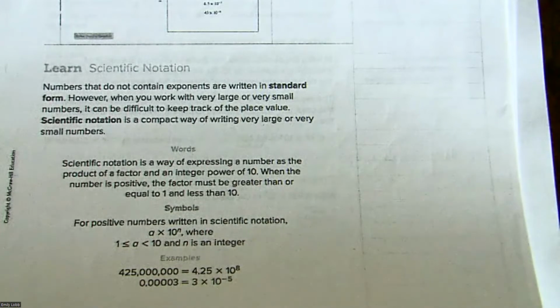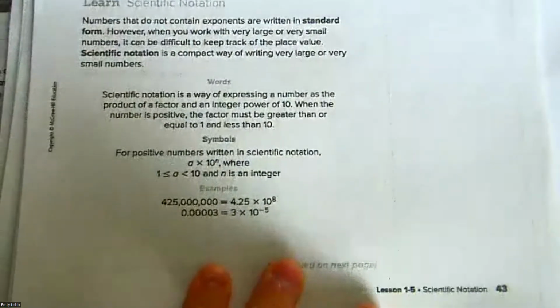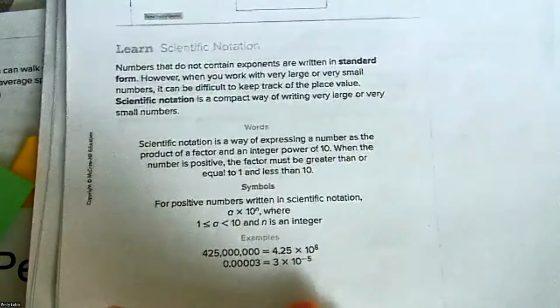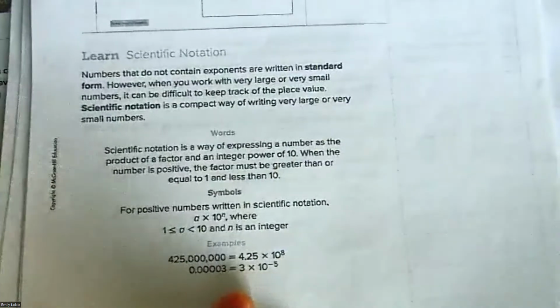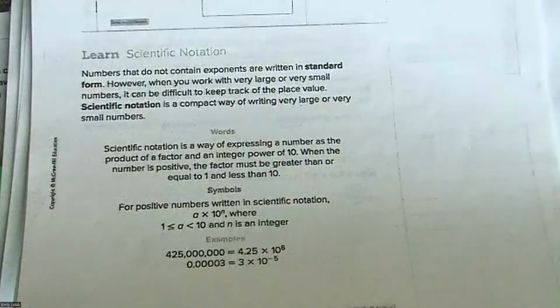All right, when you work with very large or very small numbers, it can be difficult to keep track of the place value. So scientific notation is a compact way of writing very large or very small numbers. So scientific notation is a way of expressing a number as the product of a factor and an integer power of 10.